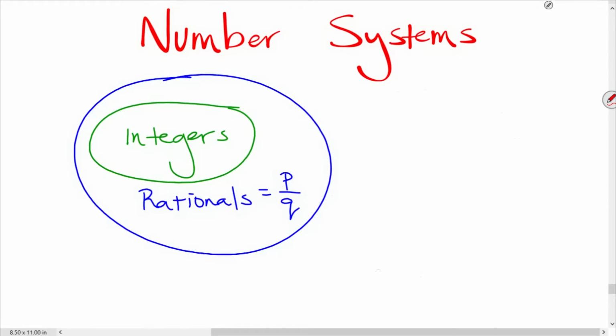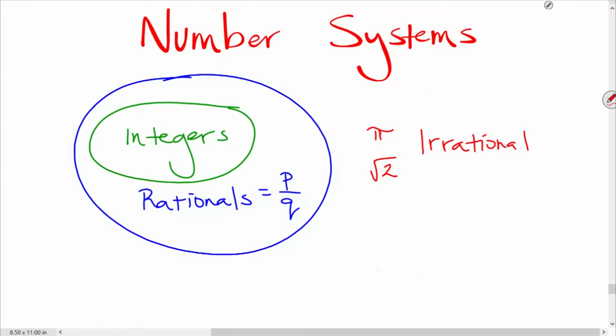The problem is that there are some numbers that cannot be written as a fraction. Numbers like pi, numbers like the square root of 2. These are numbers where you take square roots and you can no longer write them as a whole number divided by a whole number. These are called irrational numbers.